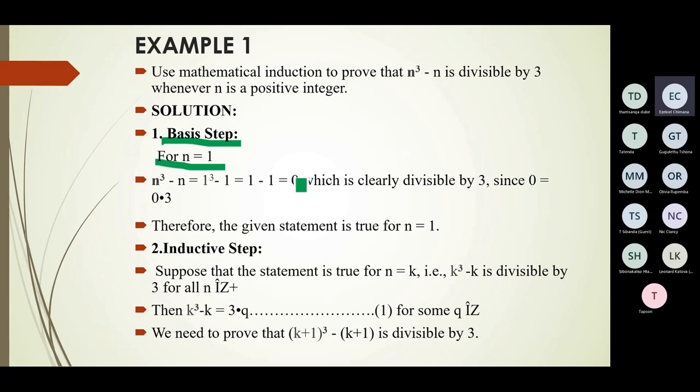And you know that this is clearly divisible by 3, because 0 is always equal to 0 times 3. So you can say that this statement is true for p of 1. Therefore the given statement is true for n equals 1.